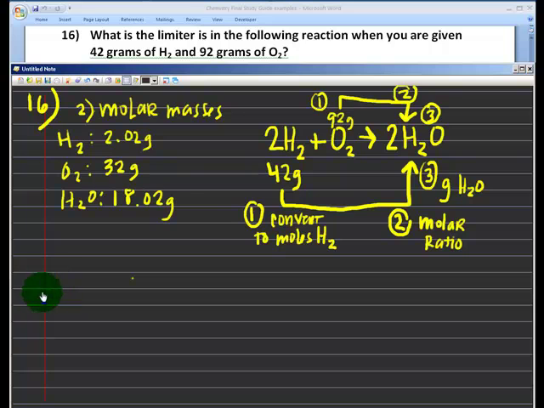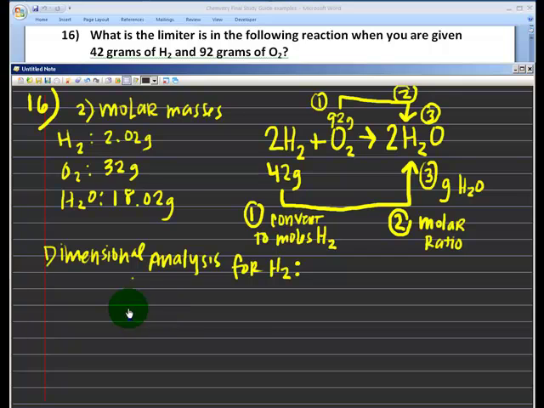The next box says dimensional analysis for H2. This is how we're going to solve stoichiometry problems. Remember, in stoichiometry we always are looking for two things: what's the limiter and how much product we're going to make. This is how we're going to determine the limiter.